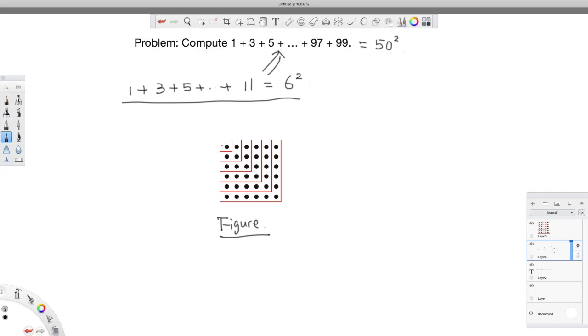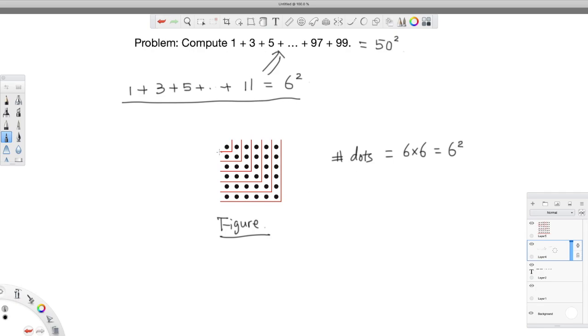I'm showing a square figure with 6 dots in every row, and there are 6 rows. So the total number of those dots is 6 times 6. The number of dots here equals 6 times 6 equals 6 squared.